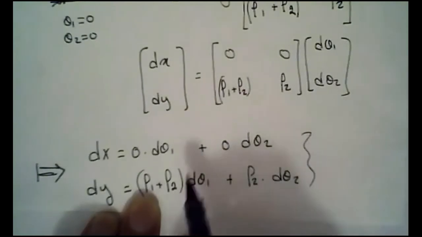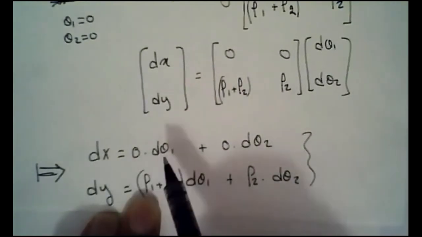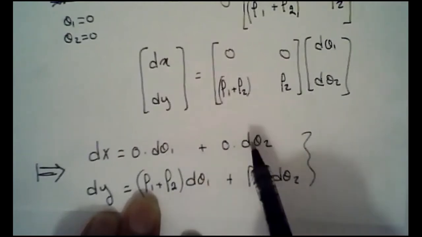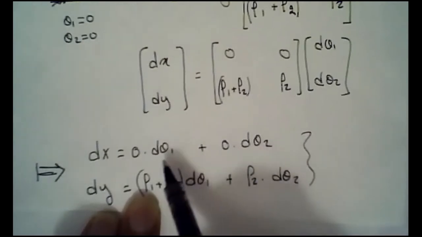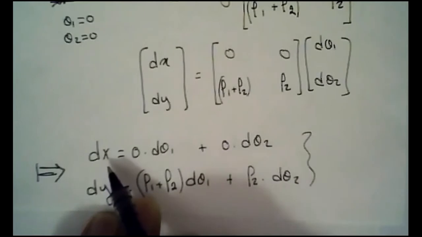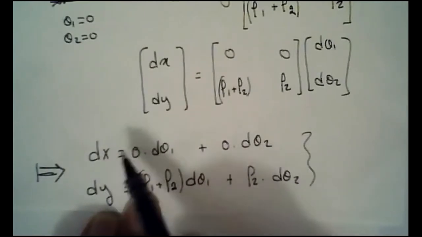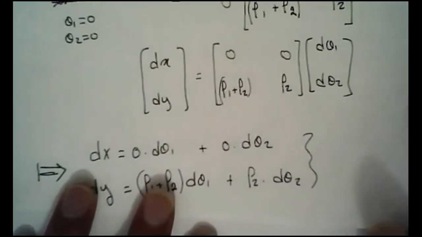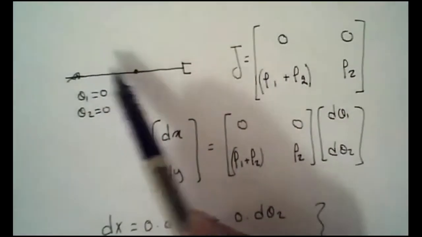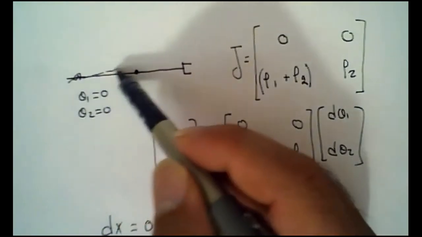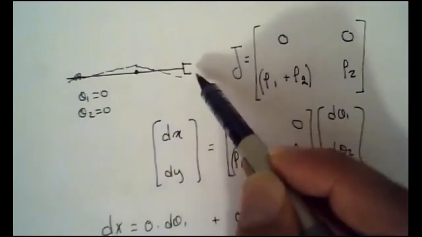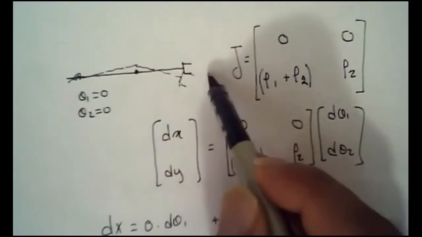At this particular position, no matter how the motor on link 1 changes, and no matter how the motor on link 2 changes, regardless of the variations we try to apply to the links, we are unable to move in the x direction. And it makes sense. If we are here, no matter what fluctuation you try on theta 1 or theta 2, you just can't go in the x direction.